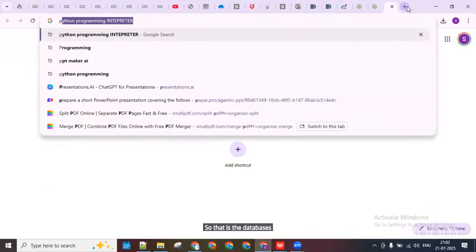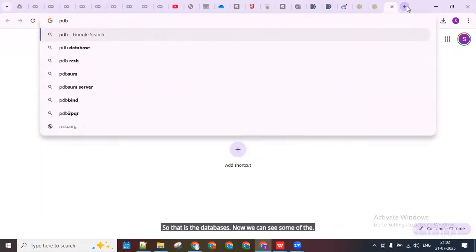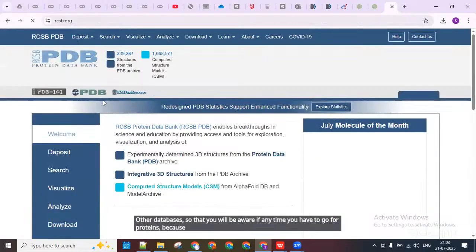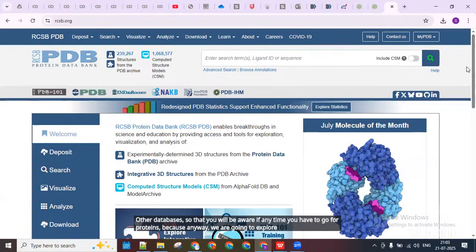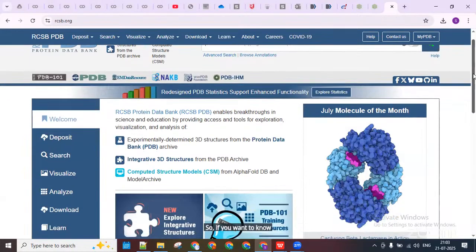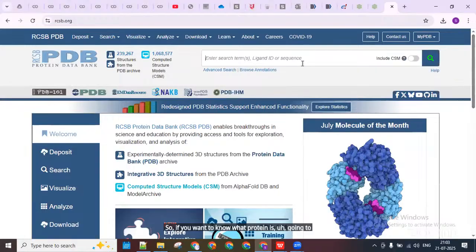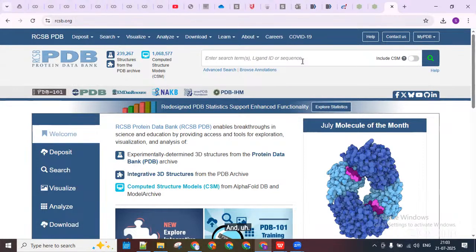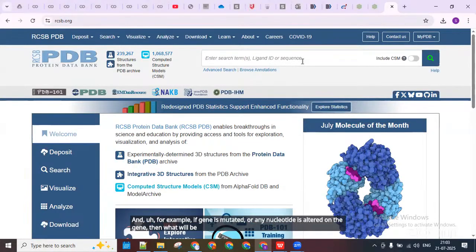Now we can see some of the other databases, so that you will be aware if anytime you have to go for proteins, because anyway we are going to explore different genes. If we want to know what protein is going to form from the gene and what its properties will be, and for example, if the gene is mutated or any nucleotide on the gene is altered, then what will be the impact on the corresponding protein that is going to be translated from that particular gene.